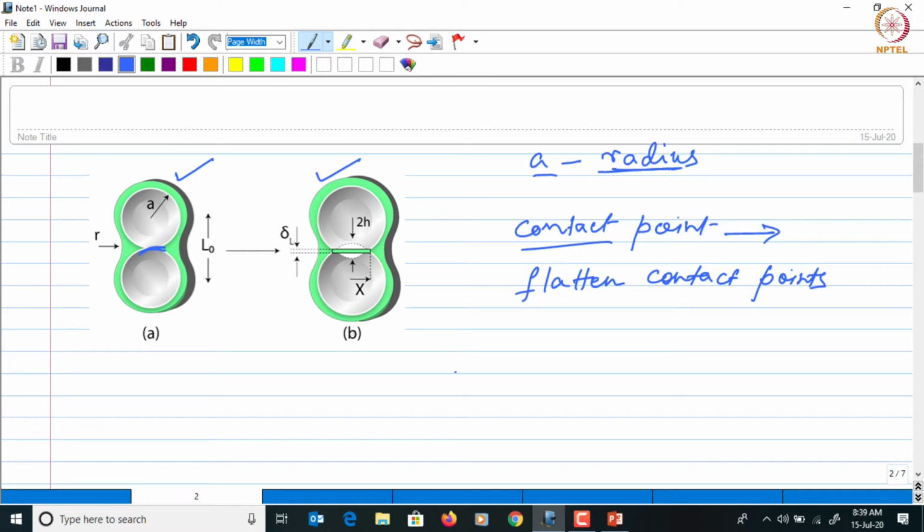So let's say due to this center to center approach of these two particles, due to the dissolution of the contact points, each sphere is moved by a distance h. And let's say x is the radius of the circular contact area.